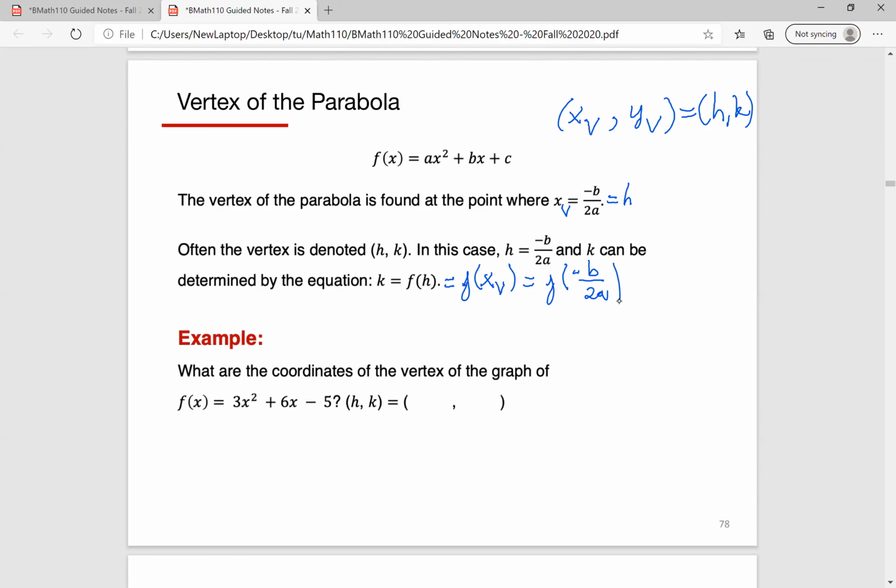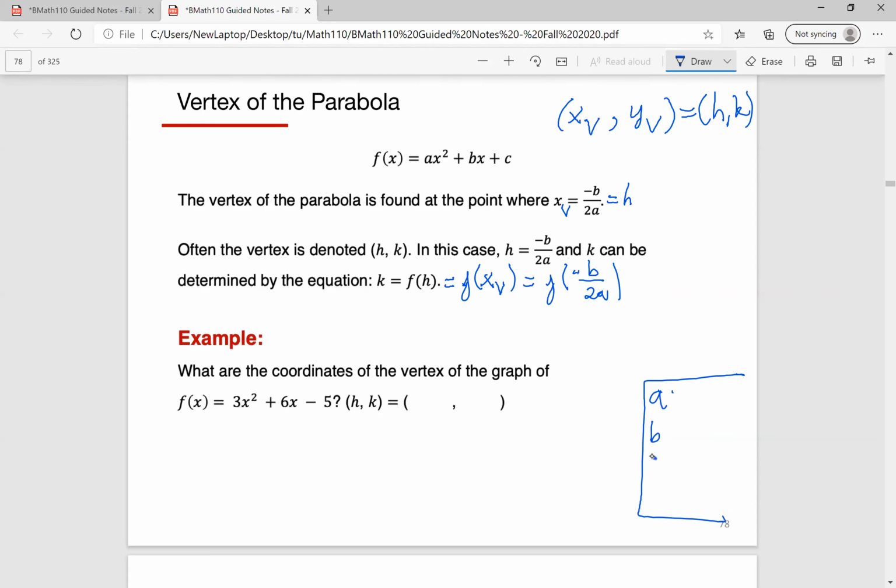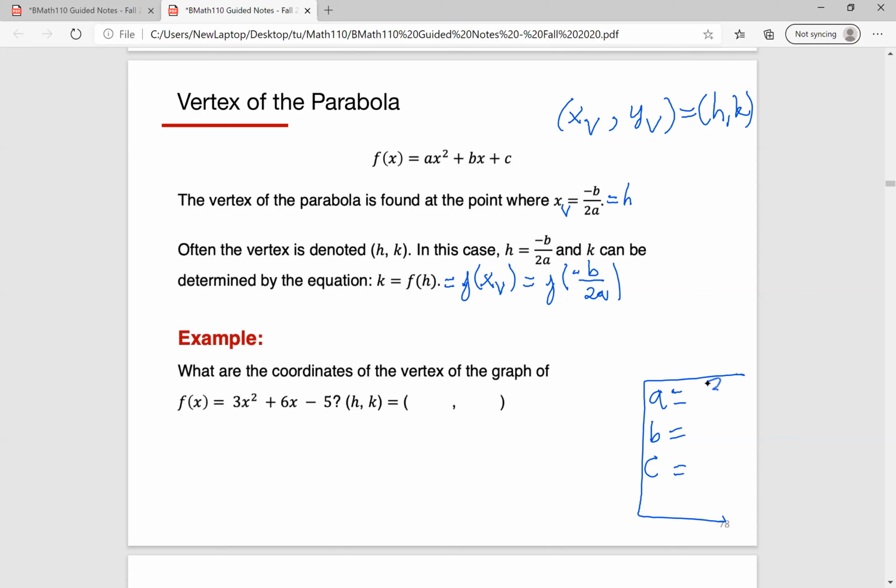Okay, now we can do an example. We have f of x equal to 3x squared plus 6x minus 5, and we want to find k. So maybe I'm going to have a side work and list out a, b, and c, which are the coefficients of the quadratic form here. So a in here is 3, b in here is 6, c in here is negative 5.